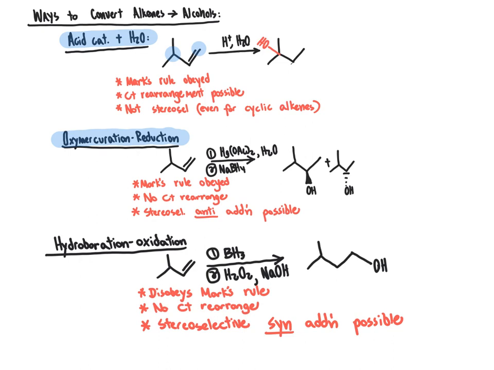So our third type of addition reaction that will give us alcohol products, and that's going to be our focus of this segment, is hydroboration oxidation. In hydroboration oxidation, what we do is we will take an alkene and we will mix it with borane, BH3. Borane can also, by the way, be shown as B2H6, the dimer version of this.